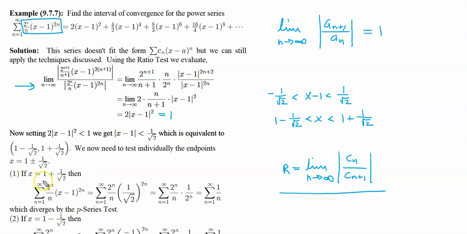So if x is equal to the right-hand endpoint, we plug that in for the x right here, or as we have down here, we put it in for this x right here. Now you notice then that the ones here will cancel, and you end up with the summation of 2 to the n over n times 1 over root 2 to the 2n power.